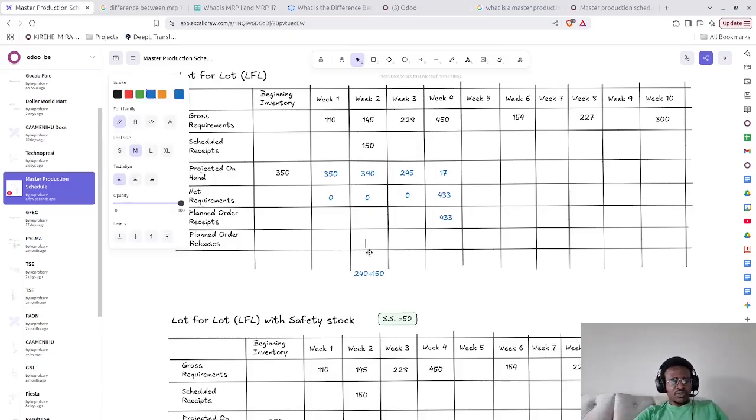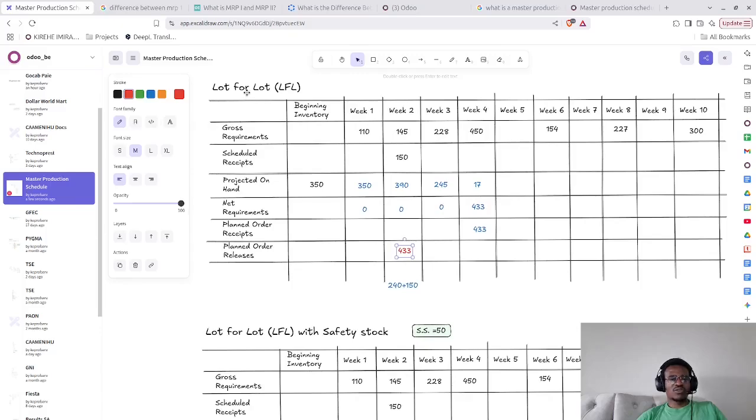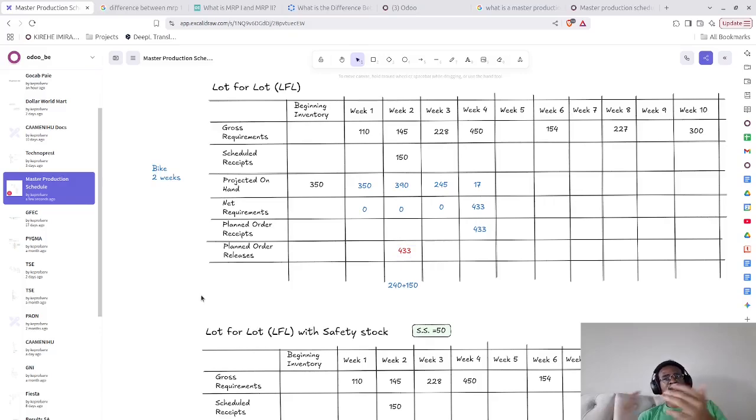So that's 433 bikes. Why have we asked for 433 bikes? Because you're using lot for lot, and we are not using fixed ordered quantities. Lot for lot allows you to actually purchase the exact amount that you need. You do not have to look for multiples like we had in the fixed ordered quantities.